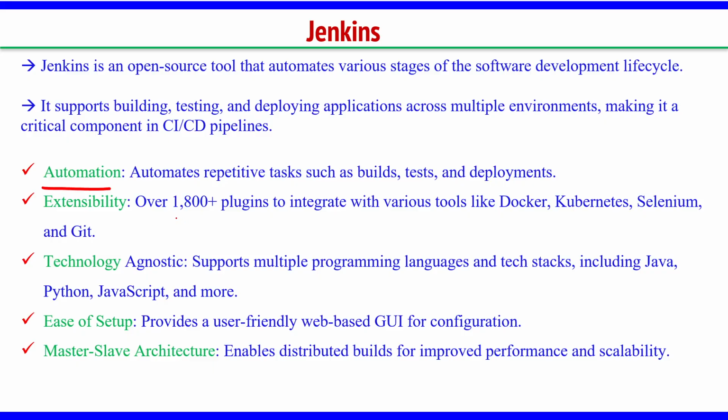Extensibility, over 1800 plus plugins are possible. You can integrate tools like Docker, Kubernetes, Selenium and Git with Jenkins. So many tools can be integrated with Jenkins. It means now you are not going to use any backend system, any console environment, or Git commands.